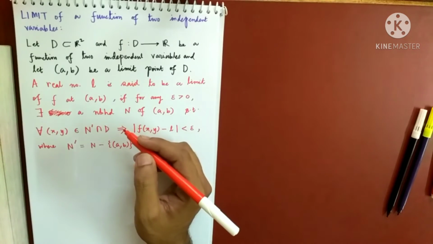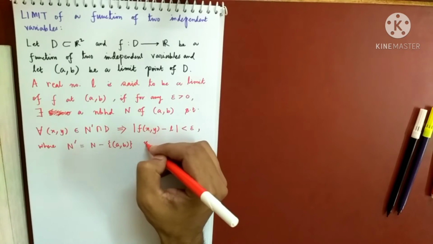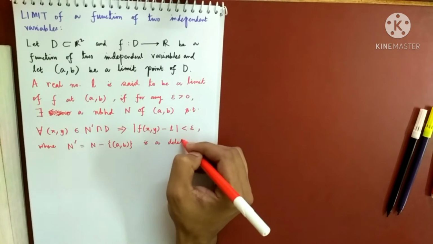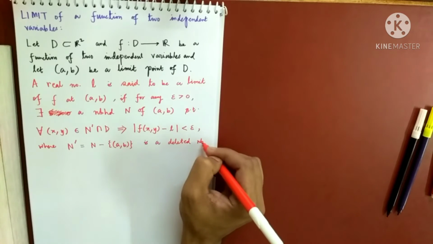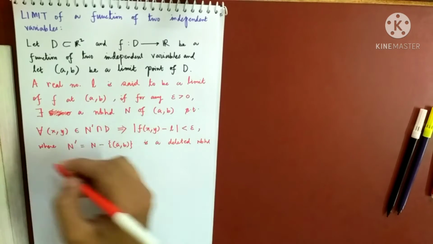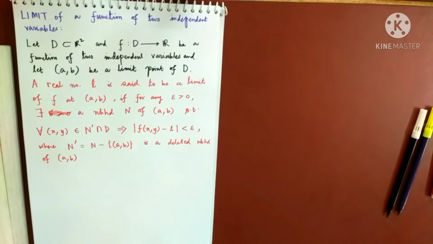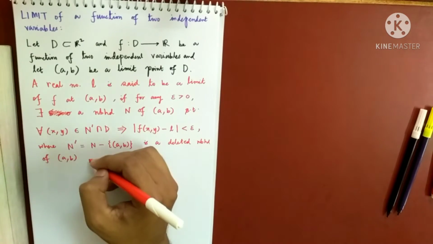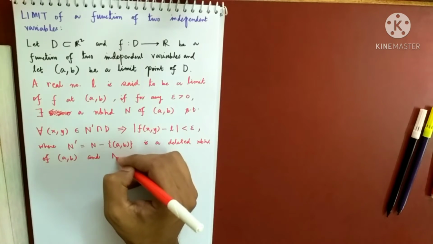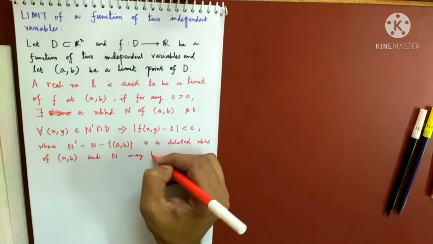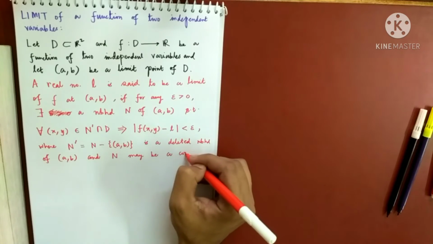N dash is a deleted neighborhood of a comma b. And what is N, you might be wondering. N may be a circular neighborhood.